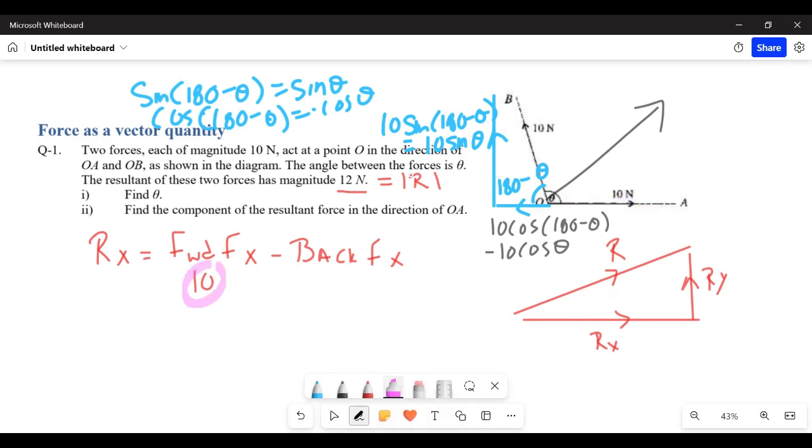So that's 10 minus the backward force in the X direction, which is this, so in brackets, minus 10 cos theta. So Rx is coming out to be 10 plus 10 cos theta.